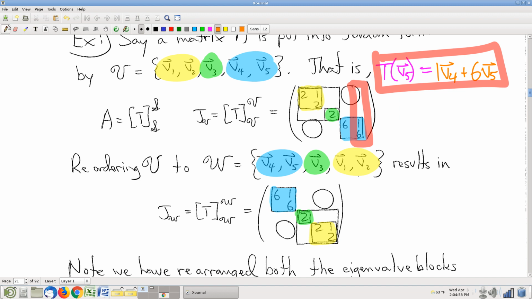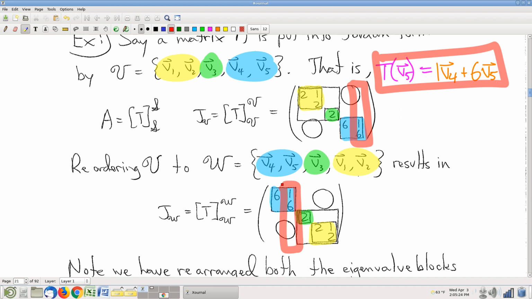Now let's take a look at, I guess I'll use red again, this column. What does that column say? Now, it's a different column, right? So, is this telling me about the image of V2? Second column. No, slow down. This is the second column. Therefore, it's telling us about the image of the second input basis vector.